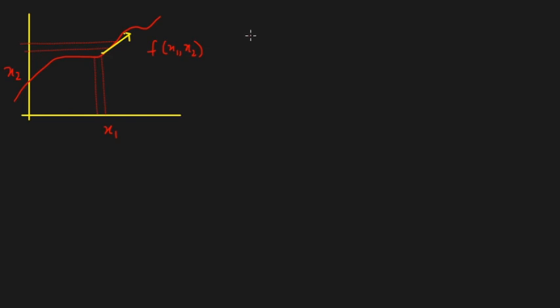Next, we are going to learn about directional derivatives and why the gradient gives the direction of maximum ascent and descent. So firstly, we'll look at what a directional derivative is. I'll just write the heading here, directional derivative.